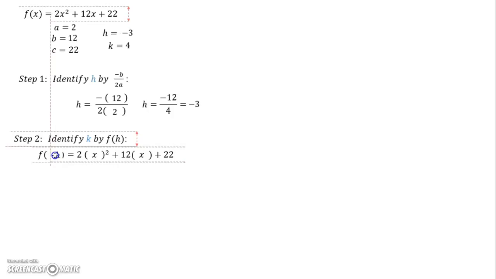But the thing we know is that h is equal to negative 3, so why don't we just substitute a negative 3 in there? So wherever we see an x now, we need to put a negative 3.